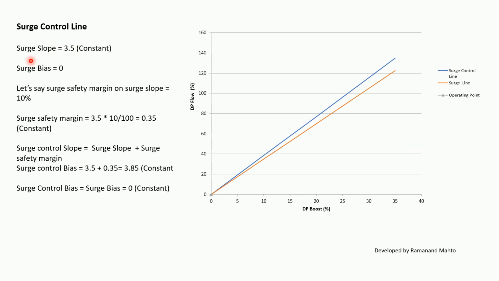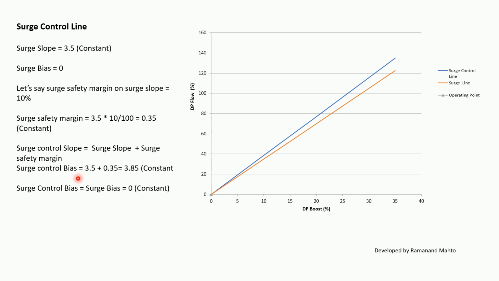Now the surge control line: surge slope is 3.5, bias is 0. Let's say the surge safety margin on surge slope is 10%. So the surge safety margin will be 3.5 into 10 by 100, which is 0.35. So surge control slope will be surge slope plus surge safety margin.